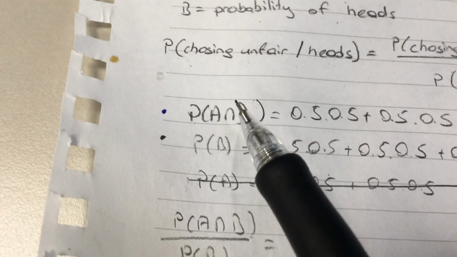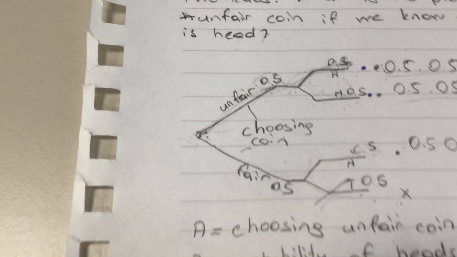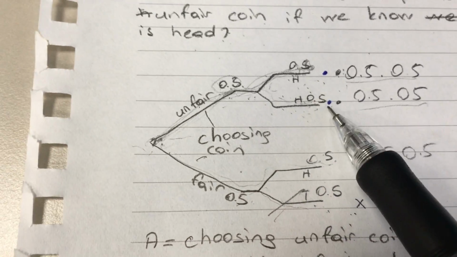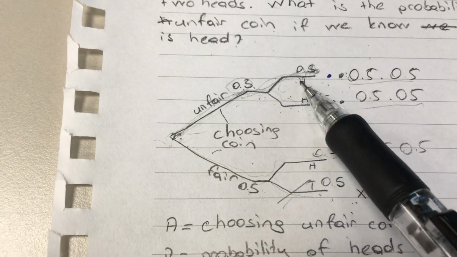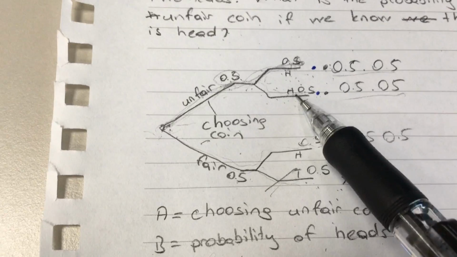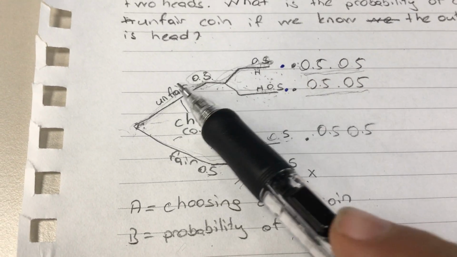The probability of getting heads and the unfair coin is marked with the blue dots, which I know is the unfair coin, and I know it is heads. Since they are both heads, we are just writing the outcomes.